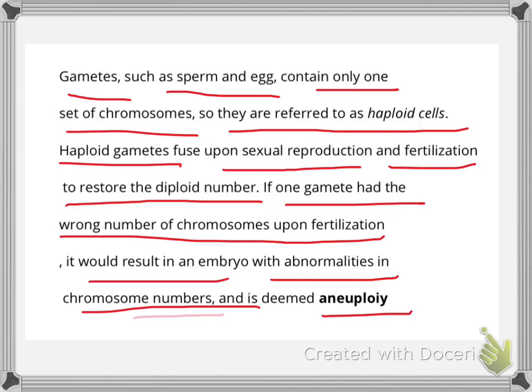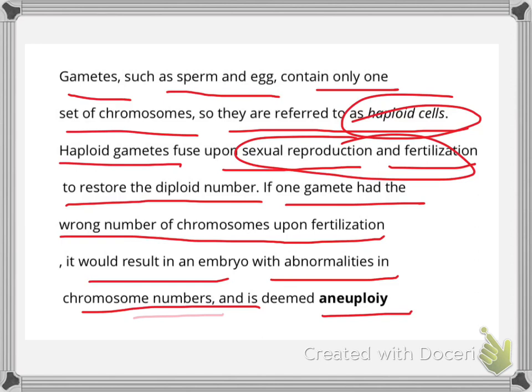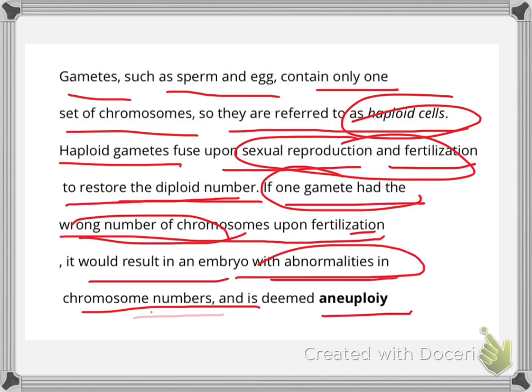Gametes such as sperm and egg contain only one set of chromosomes, so they are known as haploid cells. During gamete fusion upon sexual reproduction and fertilization, they restore the diploid number. If one gamete had the wrong number of chromosomes, upon fertilization it will result in an embryo with abnormalities in chromosome number, known as aneuploidy.